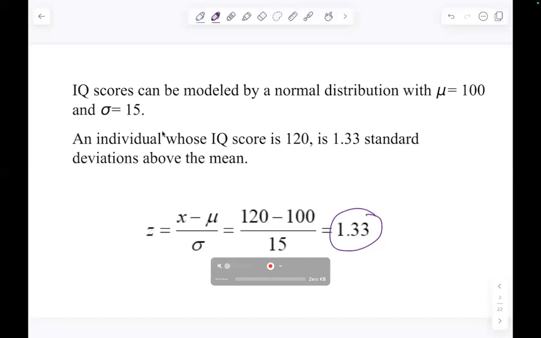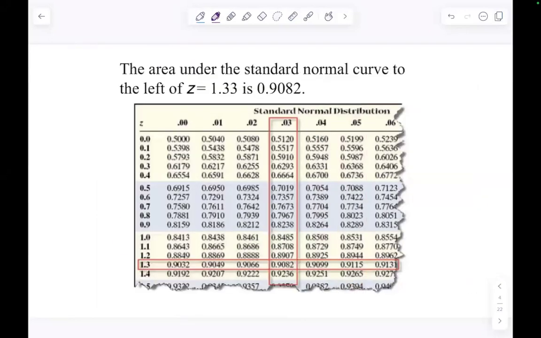So we have that z-score of 1.33. Using a z-table, I can find the area under the curve, which is also the probability of randomly selecting a person that has an IQ score of 120. So let's go to our z-table.